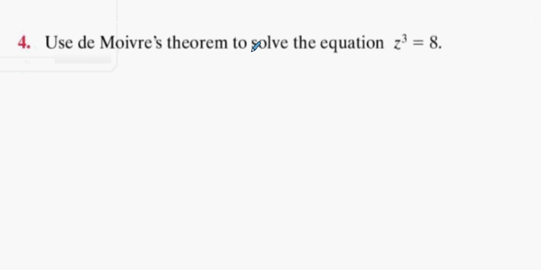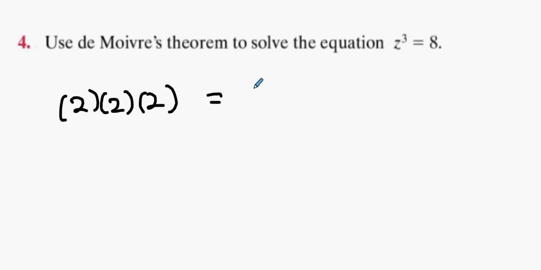Lads. Tell me something. What's 2 multiplied by 2 multiplied by 2? 8, isn't it? Would everybody agree that's one of the answers? z equals 2. Would I get any marks for that? Why?